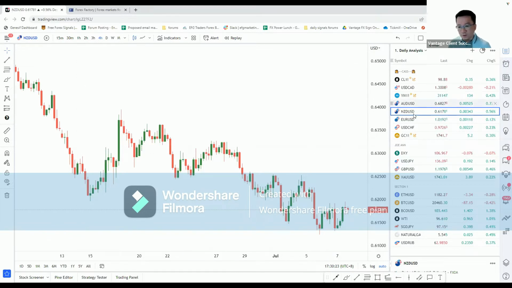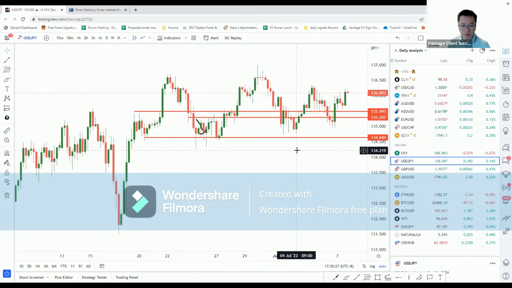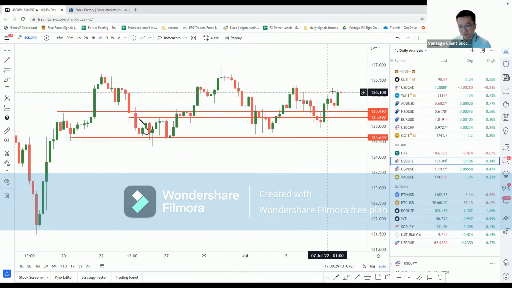And then if we look into the US yen, you can see that US yen is sitting at this 136 level, trying to push up, but with limited upside, as we see 136.60 as quite a strong resistance level. We've seen it reject this point.